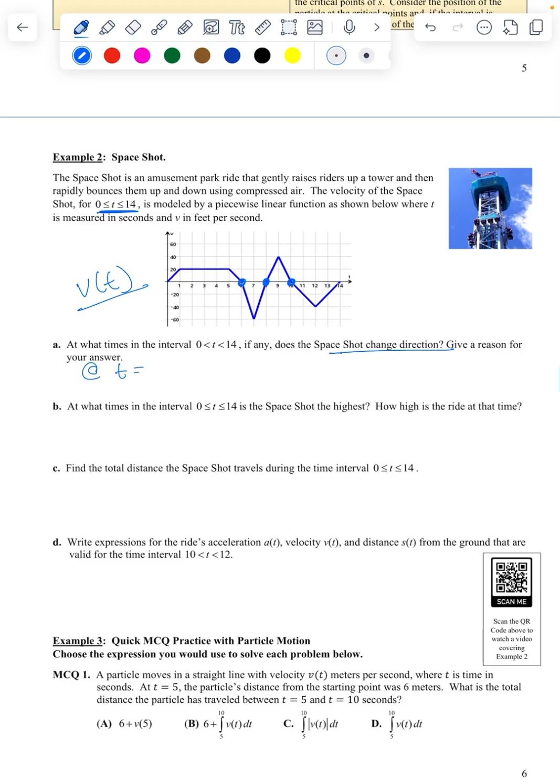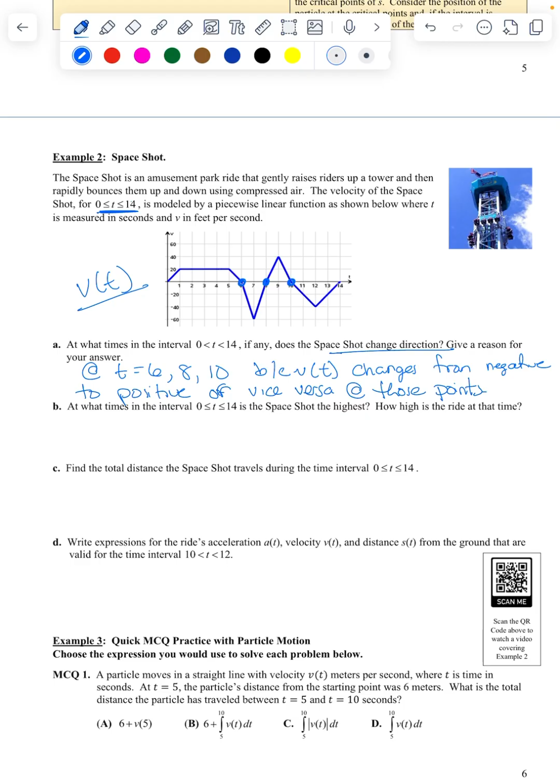Well, it's changing directions at t equals 6, at t equals 8, and then at t equals 10. Why? Give a reason. Because velocity changes from negative to positive or vice versa at those points.